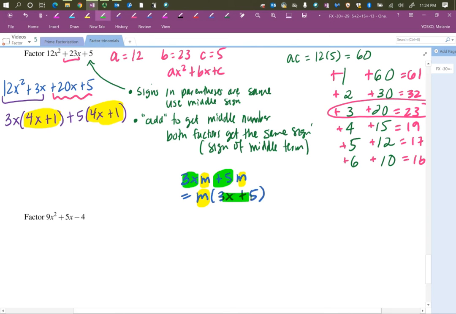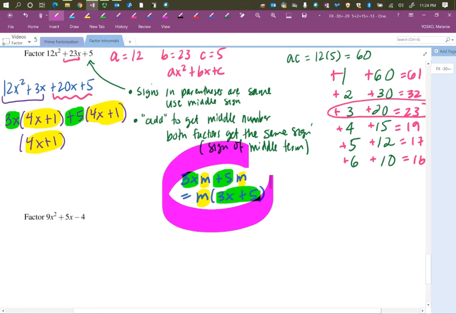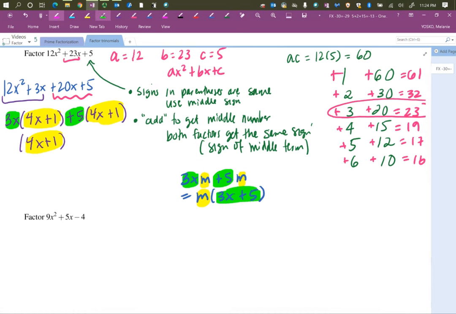Right there. Oh look, we also have a 3x plus 5. So we rewrite the piece they have in common. We called it m down here when we factored. And then we read off the rest of it, 3x plus 5, that gives us the second factor. 3x plus 5.